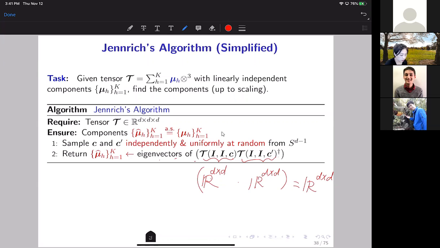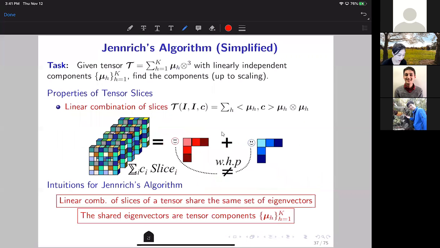Okay, so basically you've reduced the tensor decomposition problem into a matrix decomposition problem by doing linear combinations of the slices, based on the observation from the previous slide that shared eigenvectors are tensor components and linear combinations of slices of the tensor share the same set of eigenvectors.